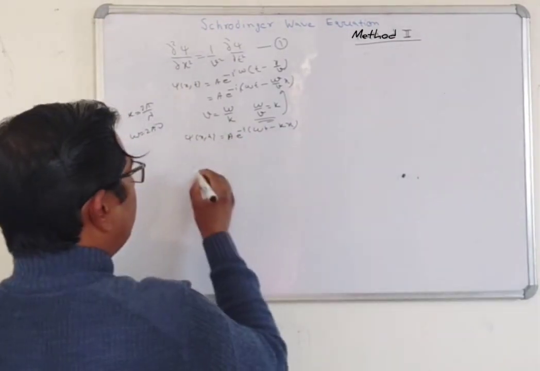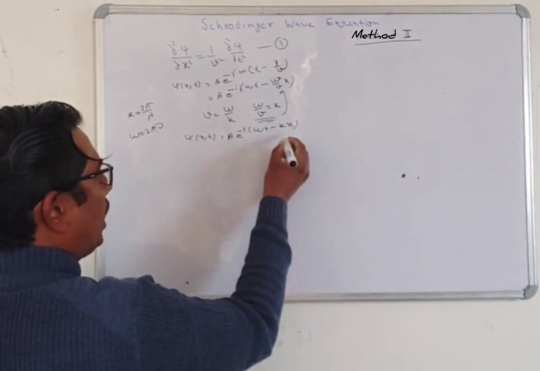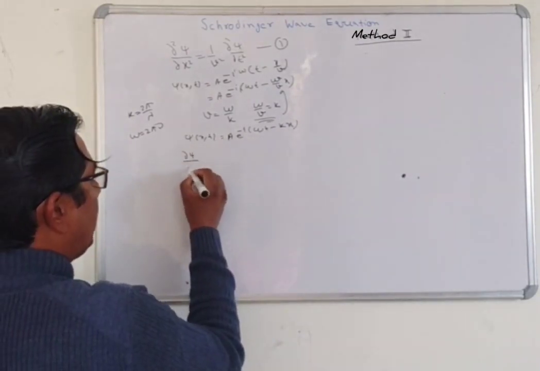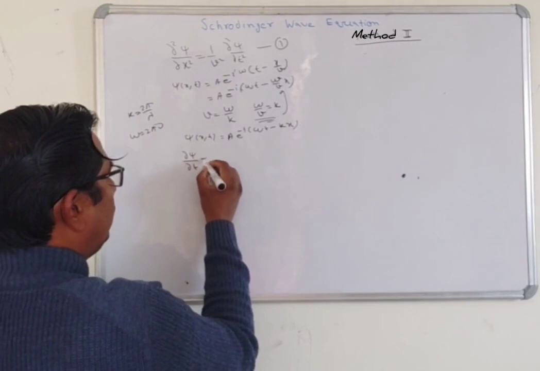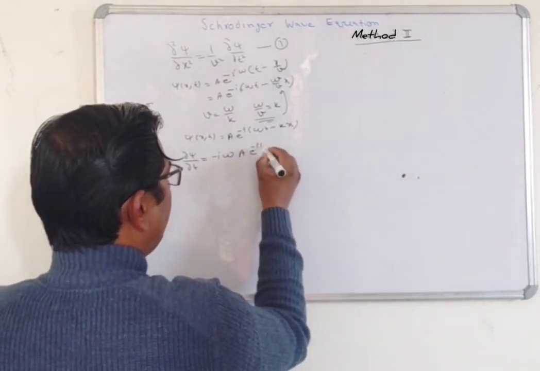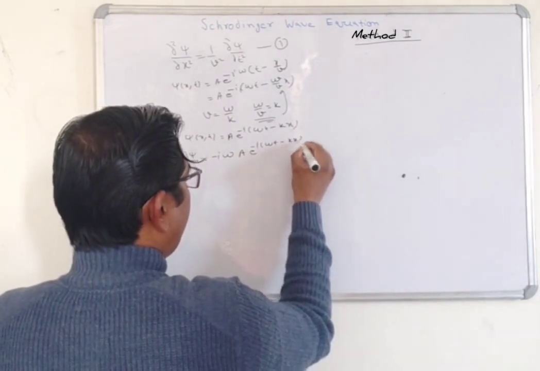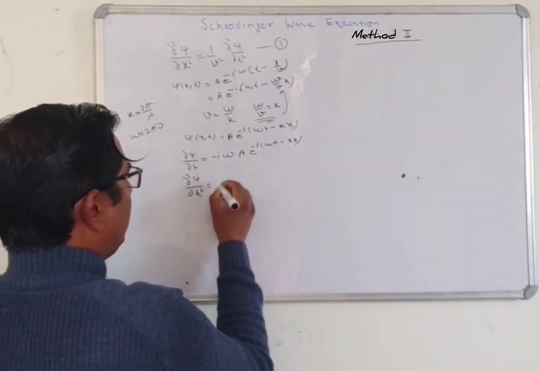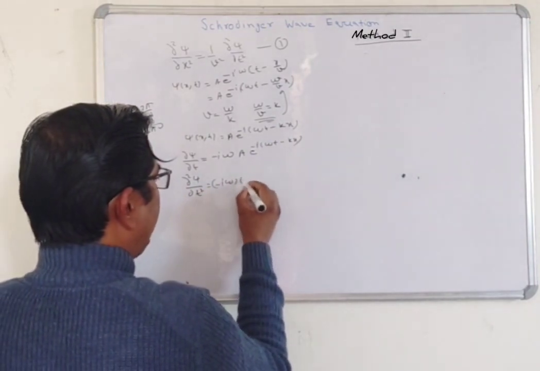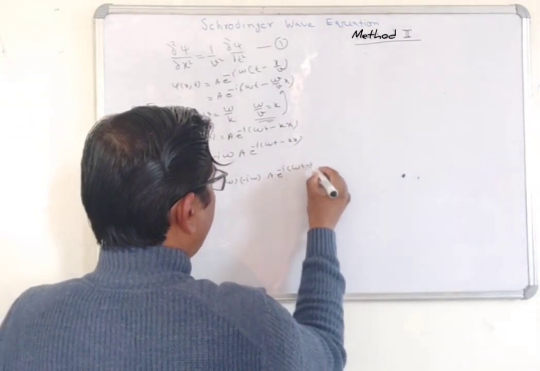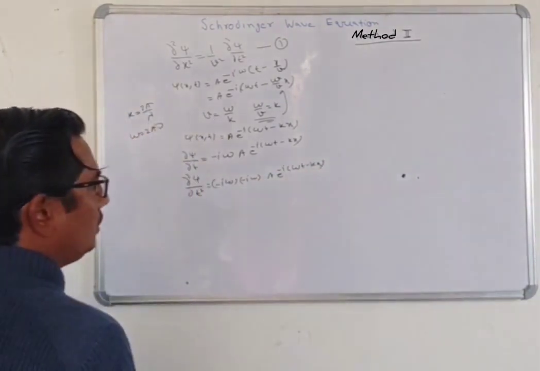Now you take the first derivative with respect to time of this equation, written as d psi by dt is equal to minus i omega A e to the power minus i (omega t minus kx). Now the second derivative, d square psi by dt square, is i omega and again i omega times A e to the power minus i (omega t minus kx).